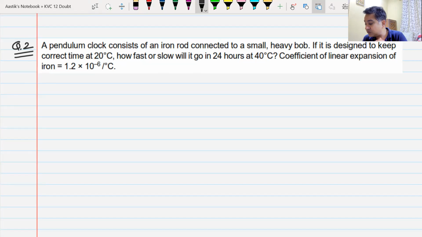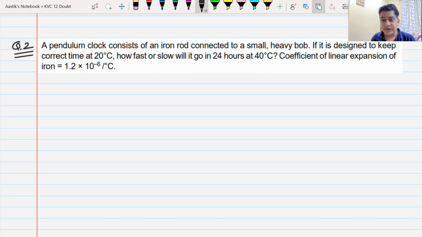Will it go fast or will it go slow? That we can first tell. Will it go fast or will it go slow? No, sir. Slow. That means the time period will increase. It will get slow.